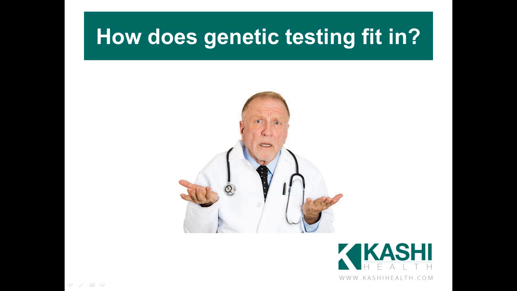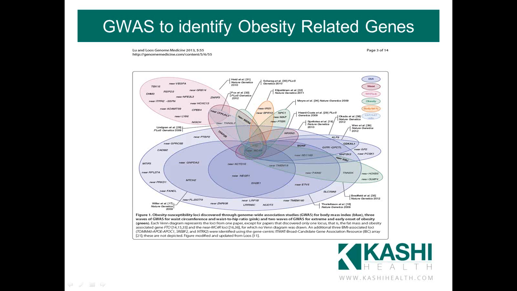So how does this genetic testing fit in? Well, in 2005, we started to develop a process of looking at genes called a genome-wide association study, also referred to as a GWAS. What they've done is they've taken a hypothesis-free approach that allows analysis of a large sample size of multiple unrelated individuals based upon a single symptom.